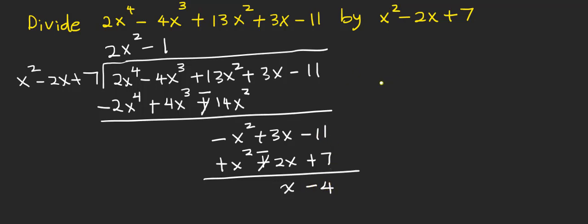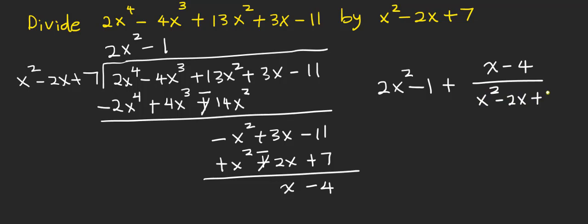Notice, x squared does not go into x, so this is our remainder. So our answer will be 2x squared minus 1 plus the remainder, x minus 4, over x squared minus 2x plus 7.